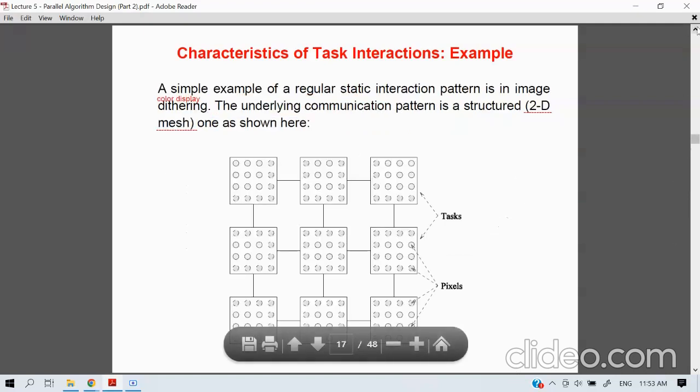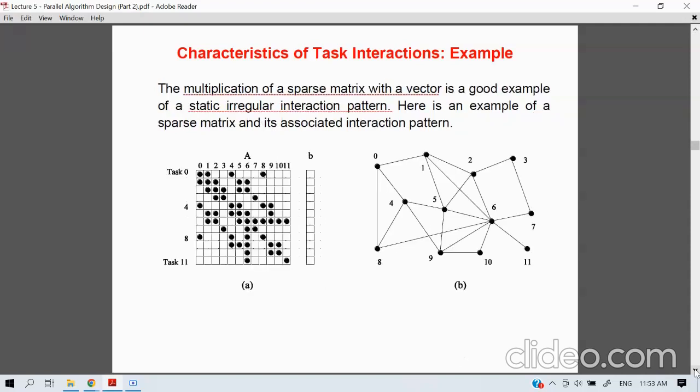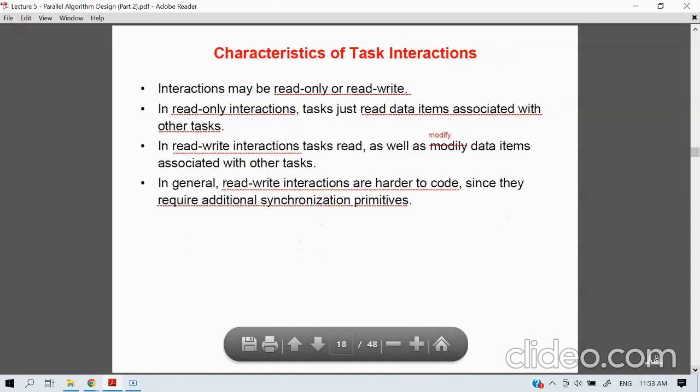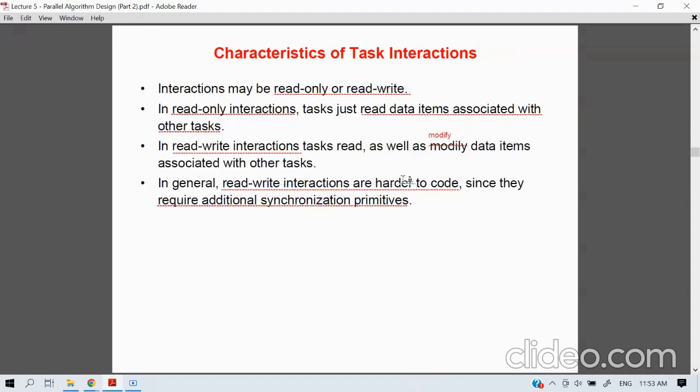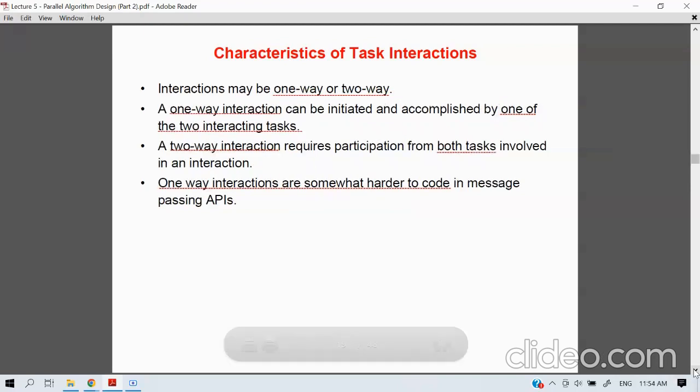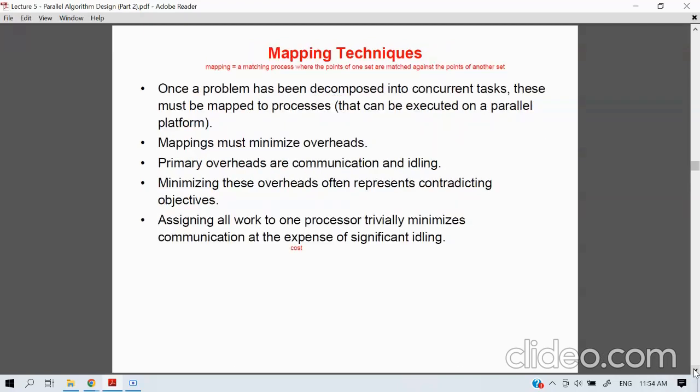If regular, we might use this kind of structure, or if irregular, you might use this kind of pattern. Then read-only and read-write: that one is related to task interaction. All right, so that's all.